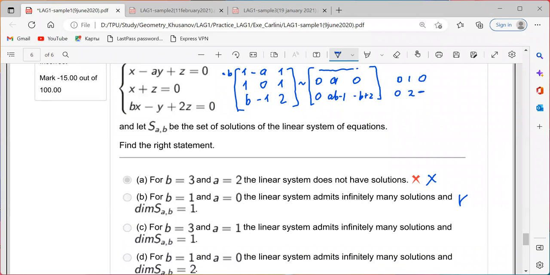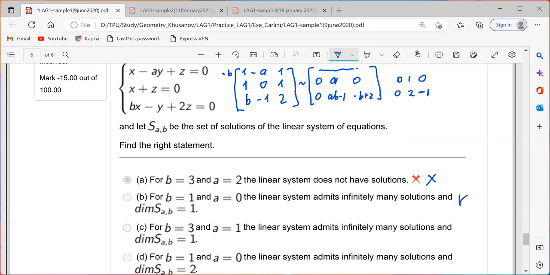So in that case, in our C situation, we will have 3 rows that are linearly independent, because the second and third rows are also not proportional. That's why they will be linearly independent.